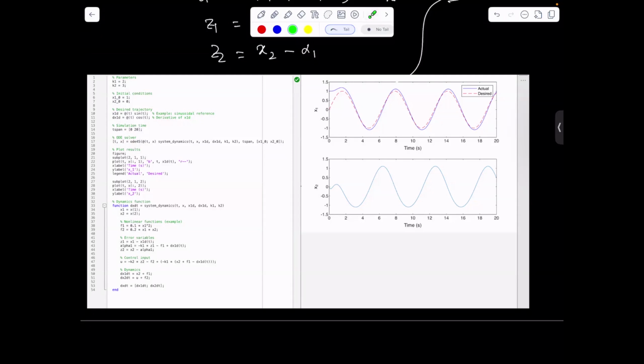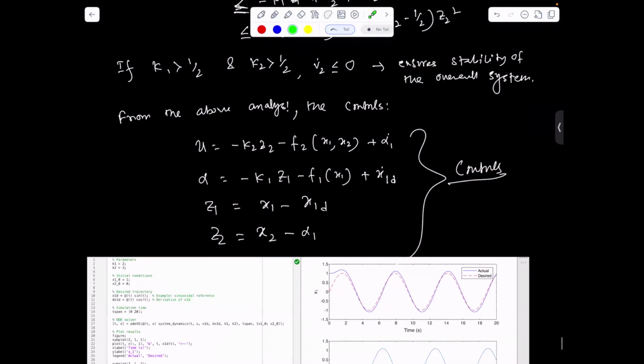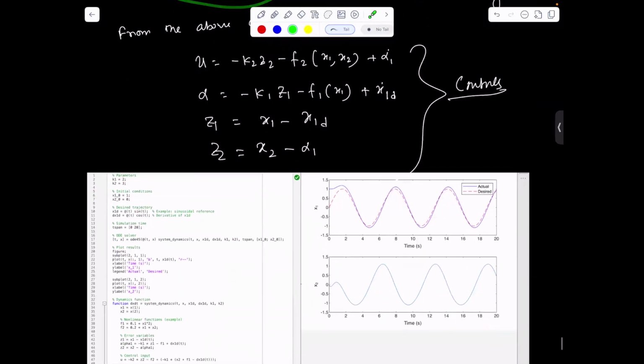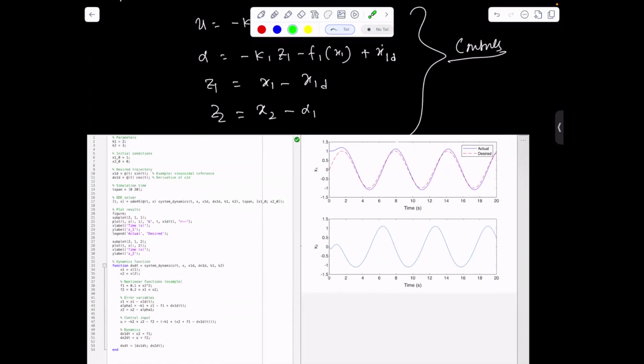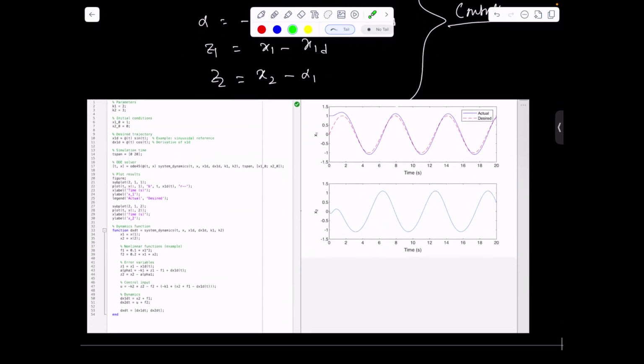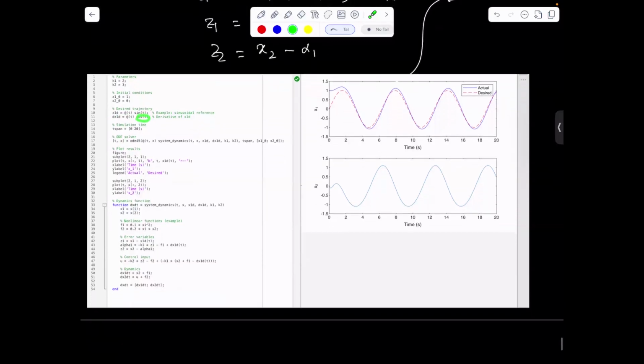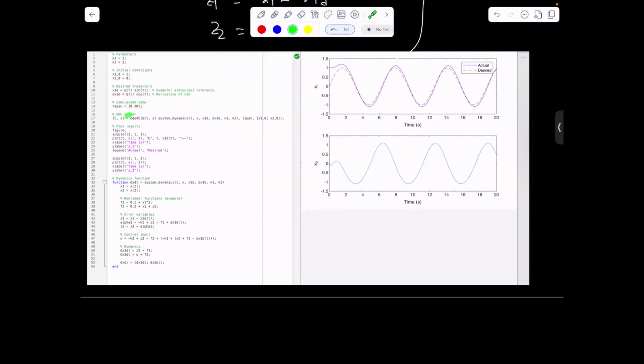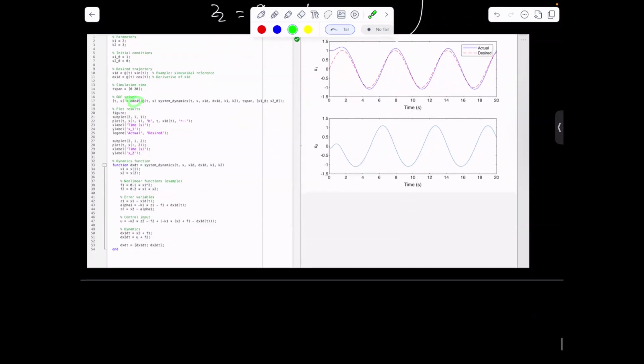As per the stability condition, these are the values we have considered, K1 and K2 chosen like this, and these are the initial conditions for X1 and X2, and this is the desired dynamics for X1, and the derivative of X1 desired is this. The total simulation time span is 20 seconds, and we have used ODE45 to solve this problem. And this is the MATLAB code for the figures.